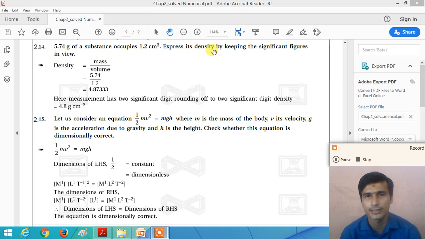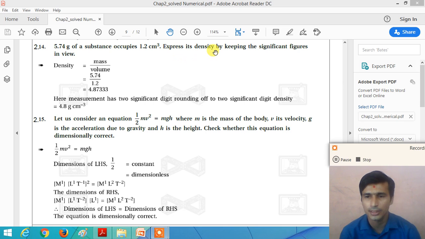Express its density by keeping the significant figures in view. So by taking into account significant figures, we need to calculate the density of the substance.